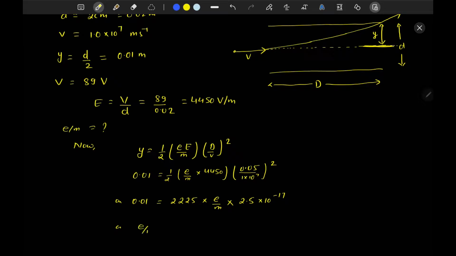Solving this, we get e by m is equal to 1.797 into 10 power 11 coulomb per kg, which is the required answer.